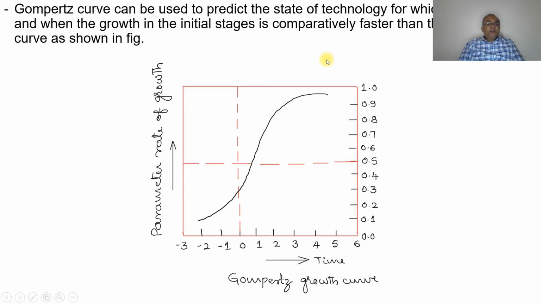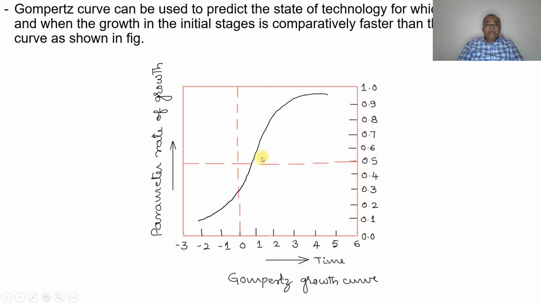The Gompertz curve can be used to predict the state of technology for which there is a limit, and when the growth in the initial stage is comparatively faster than that of the Pearl curve as shown in the figure.